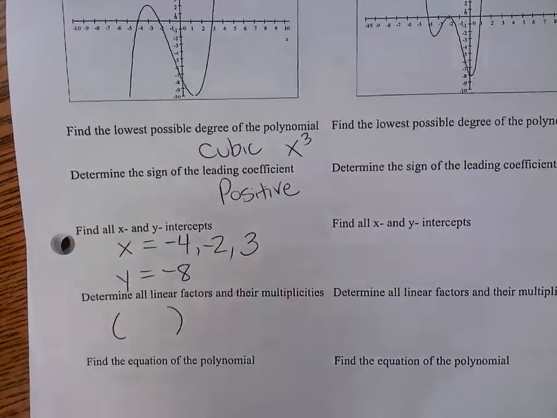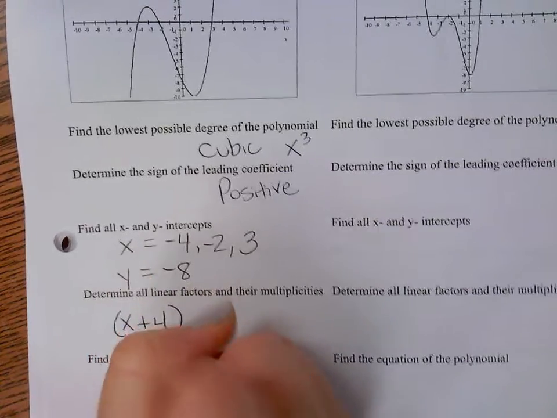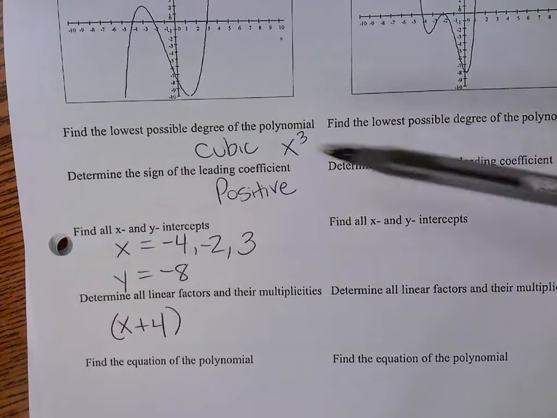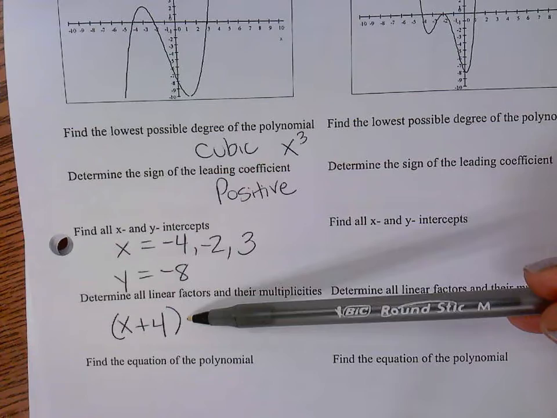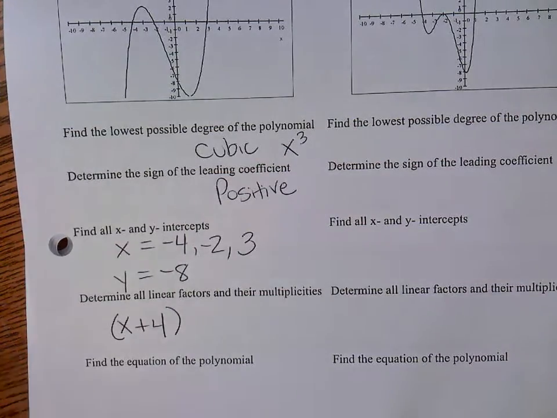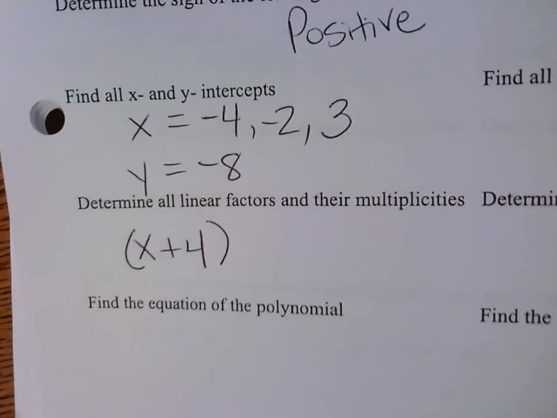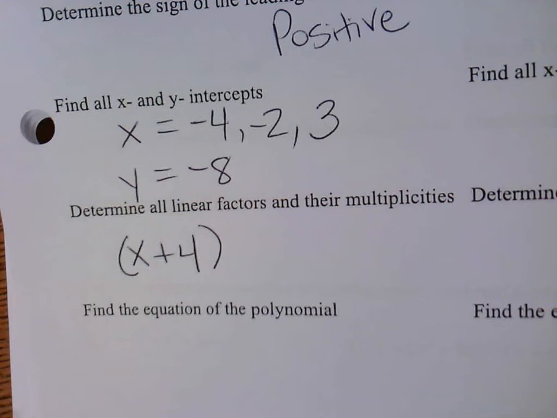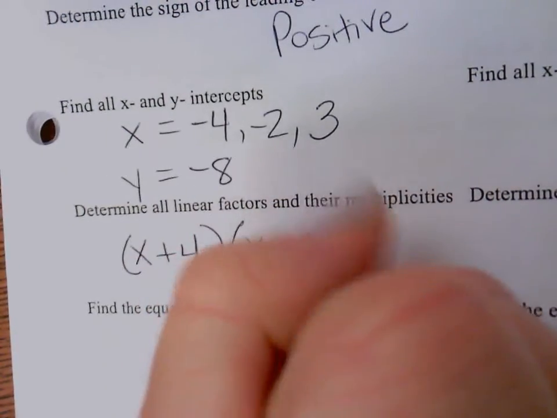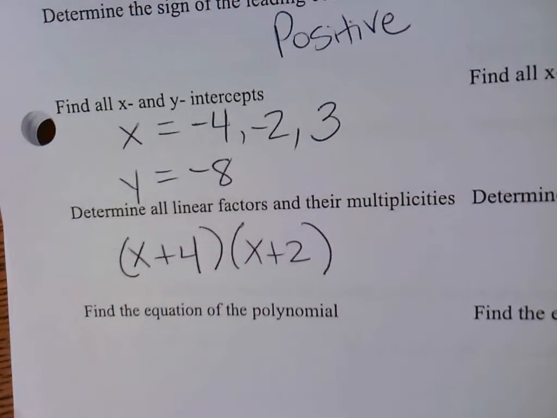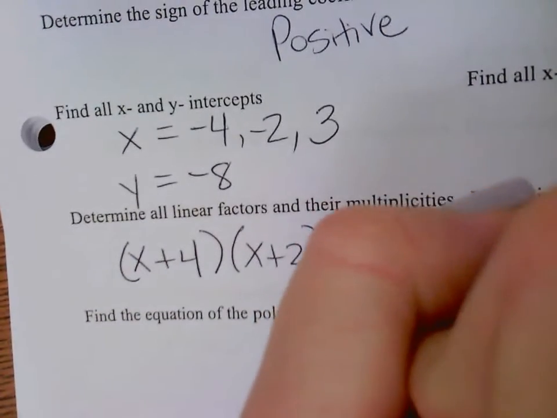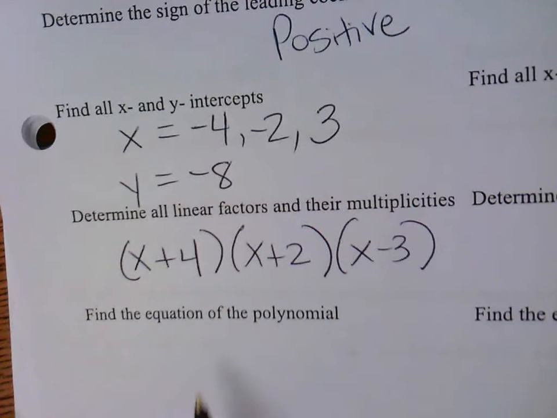X plus 4, right? That's how you take an x-intercept and make it into a factor. You treat it like the opposite. All right, and then what about the next one? X plus 2. All right, and what about the next one? X minus 3.